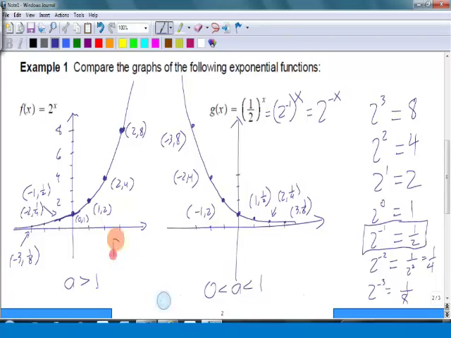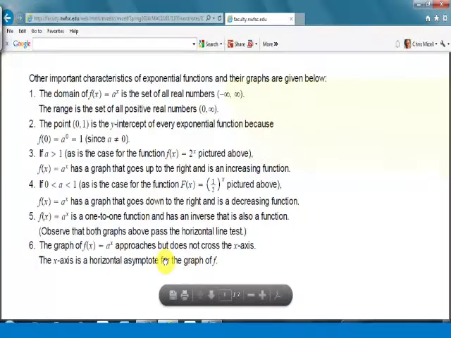So whereas the domain of both of these is the set of all real numbers, the range of both of these: how low do they go? Well, they almost go to 0, as close to 0 as you could possibly want them to go. They just don't quite get there. So we could say 0 is the greatest lower bound.